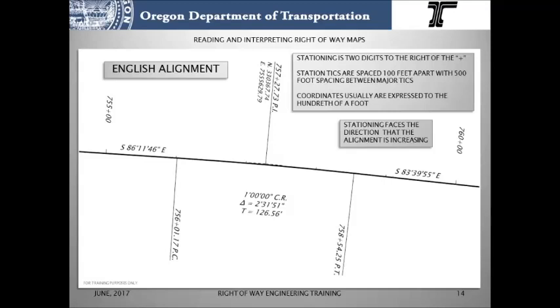Older maps, it's going to be reversed. We changed that in probably the early to mid 1990s. We're creating these alignments with software, and they were displayed in our CAD file, and that was the default, to have the station face the direction that the alignment is running.